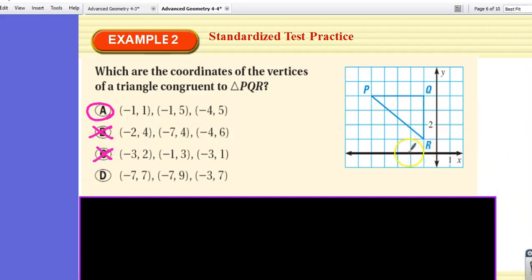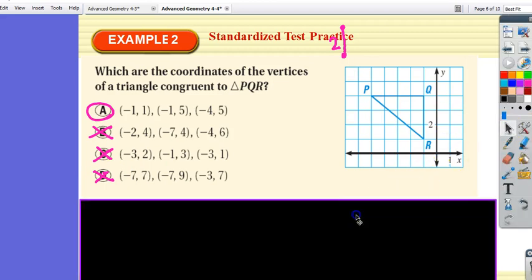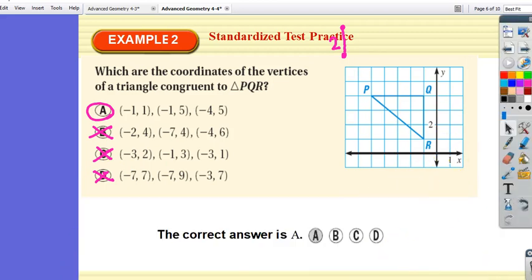Then the last one: counting 1, 2, 3, 4, 5, 6, 7. Well, we already know that we have a side of 2. Is 2 and a 3, 4, 5? No. So it has to be A.